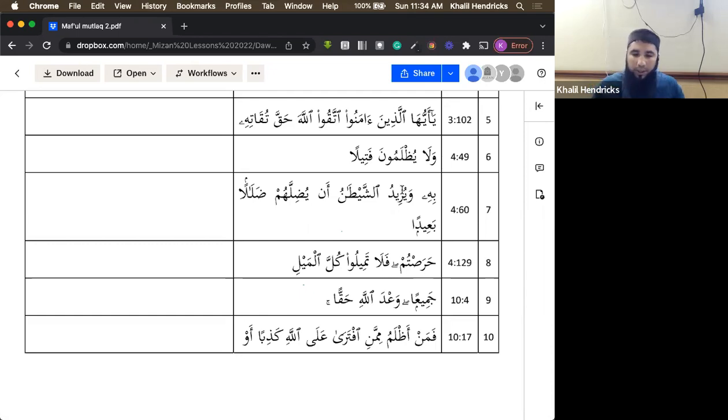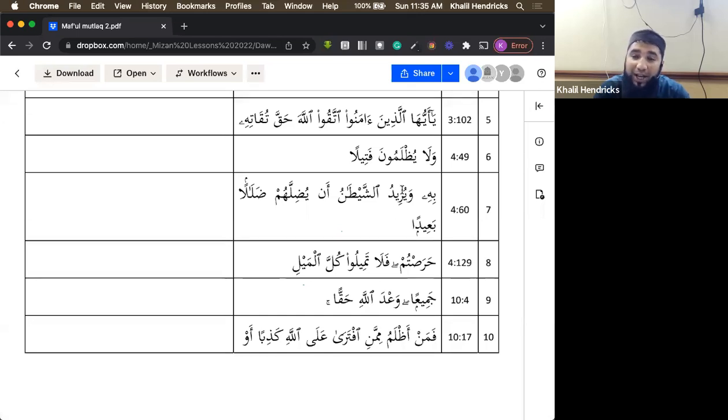You can't say they will not be wronged a thread on the back of a date stone. What does that actually mean? The thread on the date stone is not a dhulm, so you can't be wronged with it. So they will not be wronged. وَلَا يُظْلَمُونَ ظُلْمًا فَتِيلًا. That word dhulman is omitted.